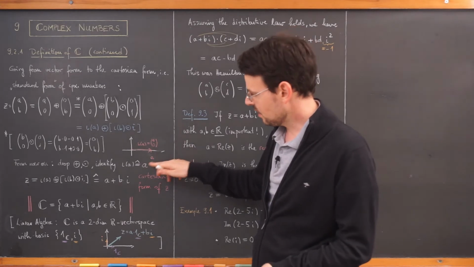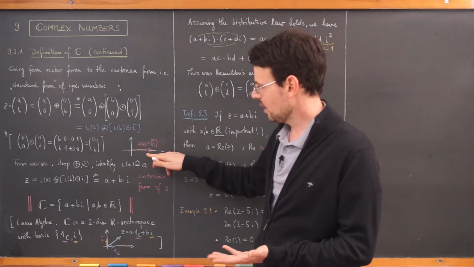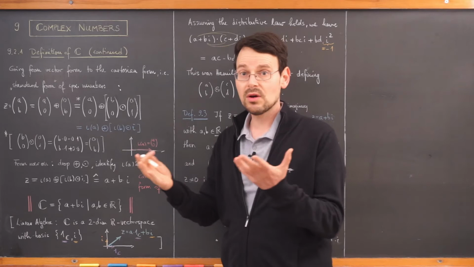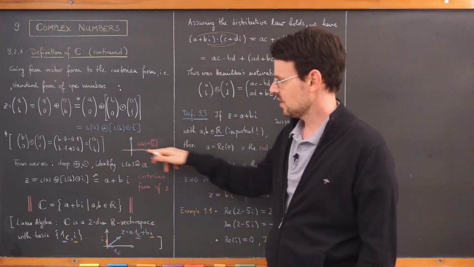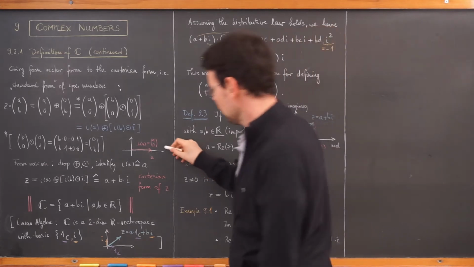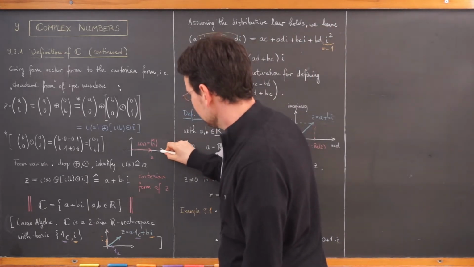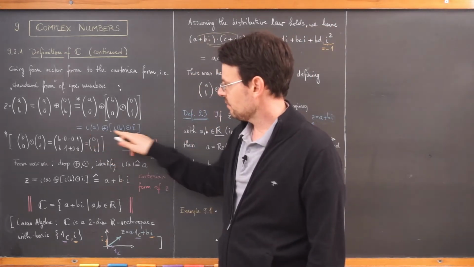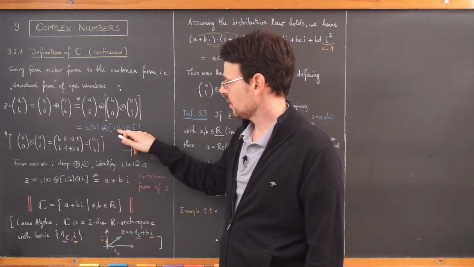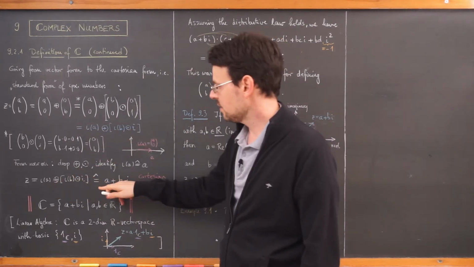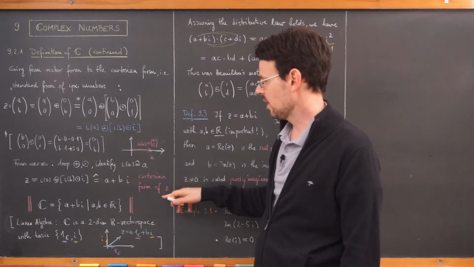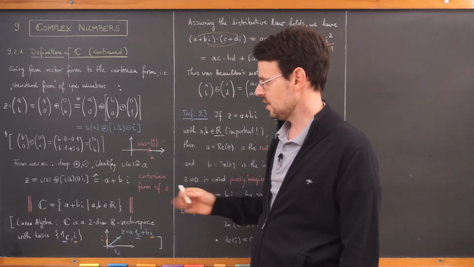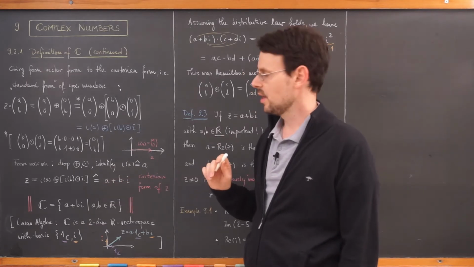So we understand that if there's a real number a, we can also regard it as a complex number lying on the real axis, corresponding to this arrow here, pointing in the real direction. So we're going to identify this awfully looking term here with this. And this is the so-called Cartesian form of the complex number z, and this is much easier to work with.